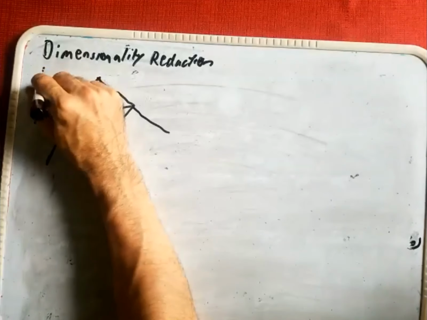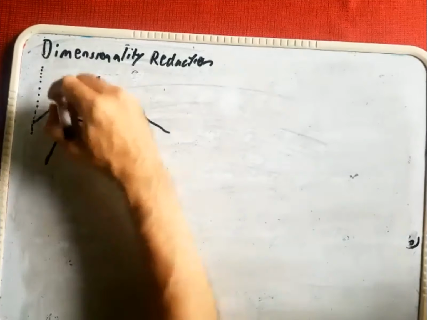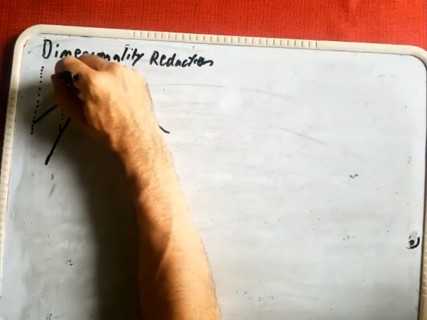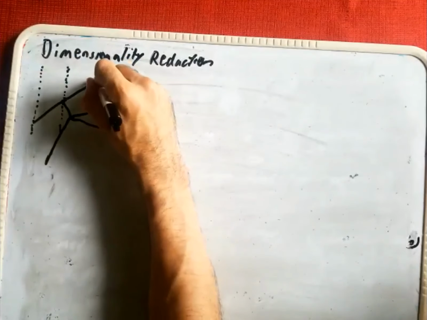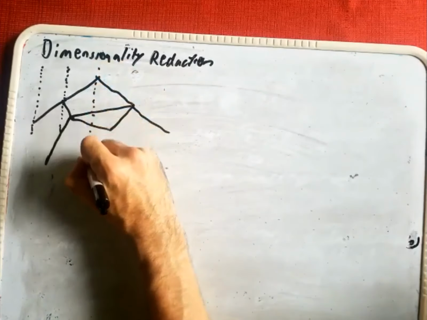The way I'm going to do that is I'm going to take all of the vertices and draw vertical altitudes through the different vertices of the planar subdivision.